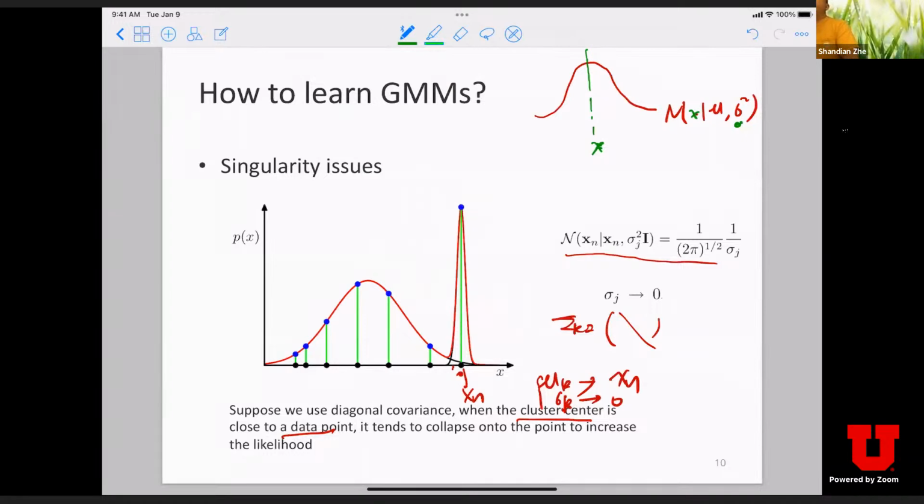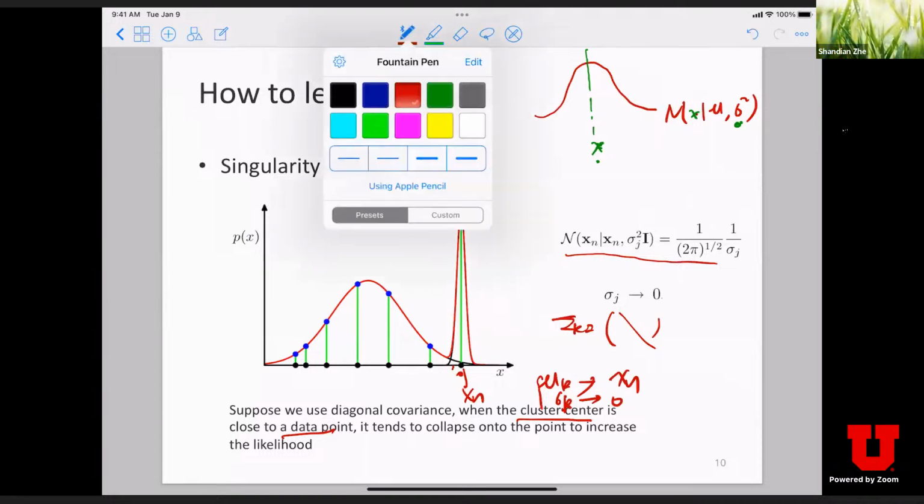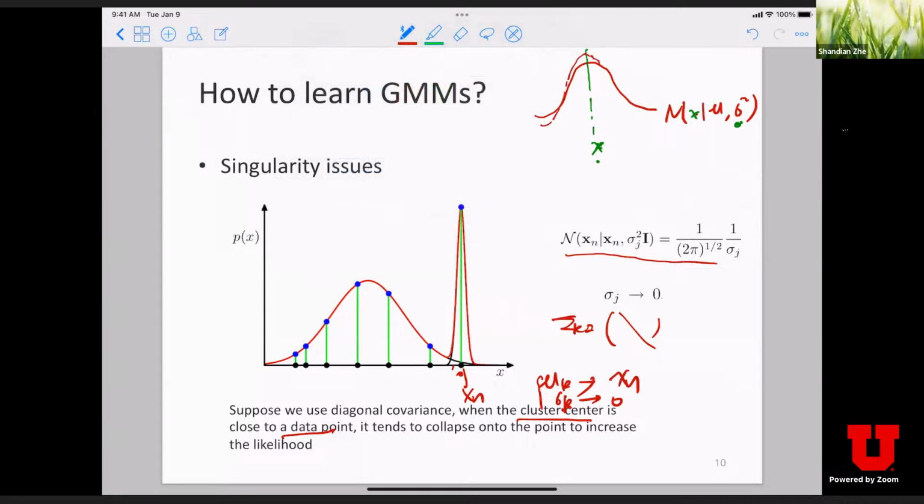How do you make your density at mu further increase? Yes, lower the variance. If you reduce the variance, your Gaussian mass is more and more concentrated toward the center, where the mean is. If you keep doing this, you get a taller and more spiky Gaussian density.